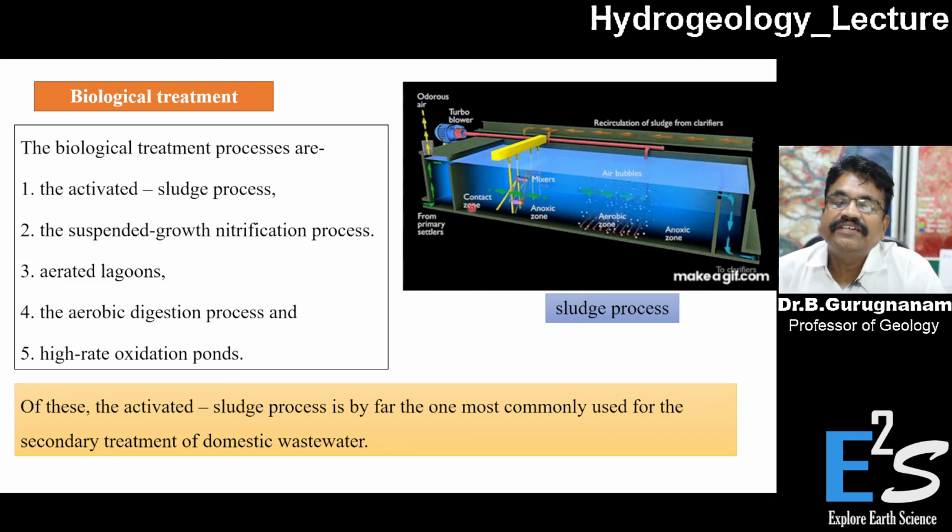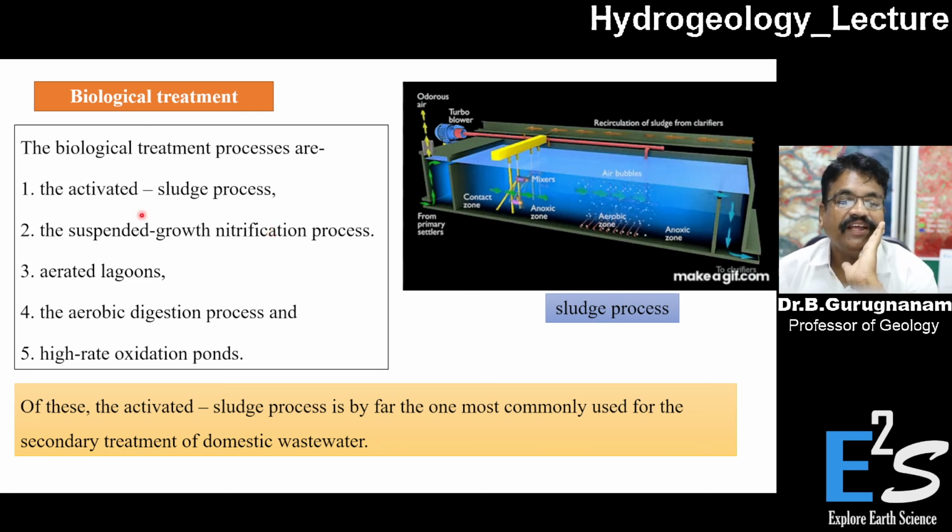You continuously send the water from the primary settlers, and then it is treated in the contact zone. Mixers are there, recycled sludge is added, and air bubbles are taken out by mixers. There are different zones, the anoxic zone and the aerobic zone, and finally you will get better water.